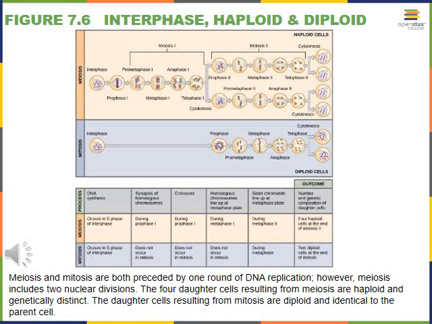And our final result at the end of meiosis is we get 4 haploid gametes, or 4 haploid daughter cells, however you want to think about it, at the end of meiosis 2, that is, at the end of cytokinesis. They don't show cytokinesis here in this little table.